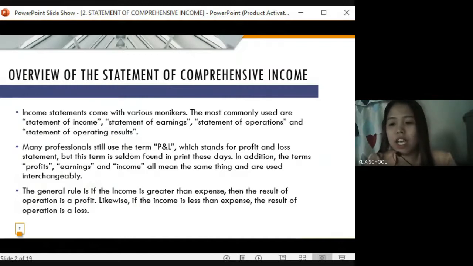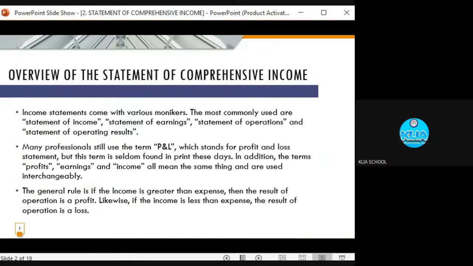Kaya, nung nakaraan nating semester, I have discussed that income is also called revenue.